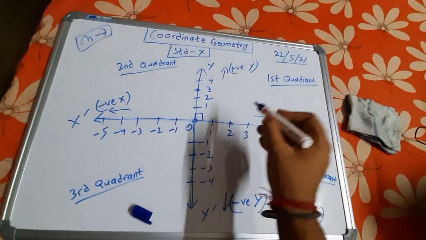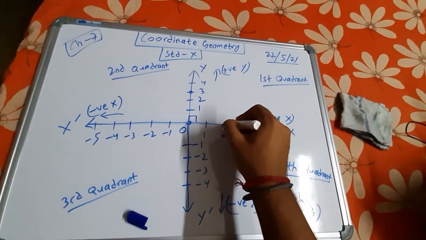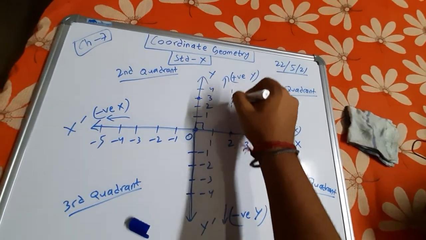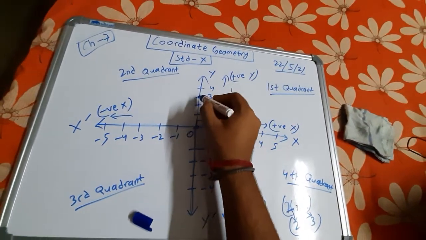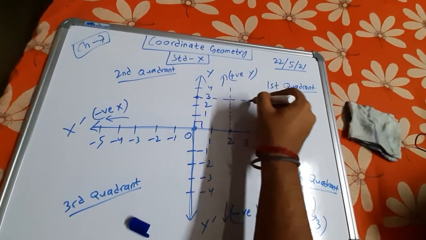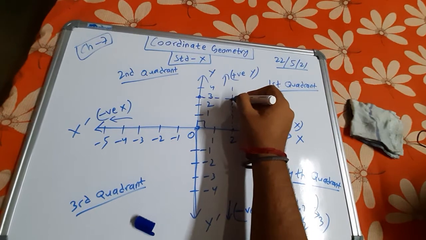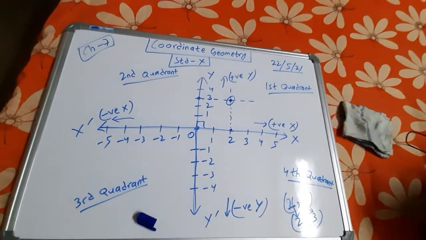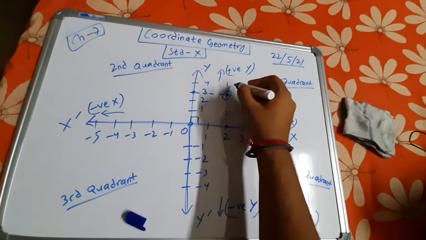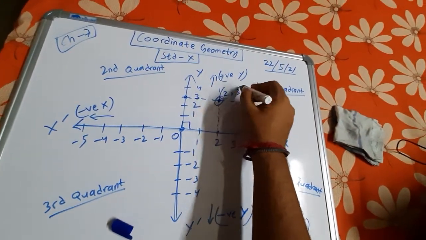Now draw a line perpendicular to the x axis upwards, and from the 3 draw a line perpendicular to the y axis on the right hand side. These two lines cut at this point, and this point is the required point, 2 comma 3.